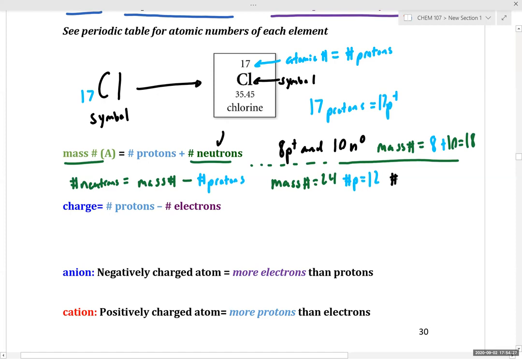So our number of neutrons is equal to 24 minus 12, which would give us 12.